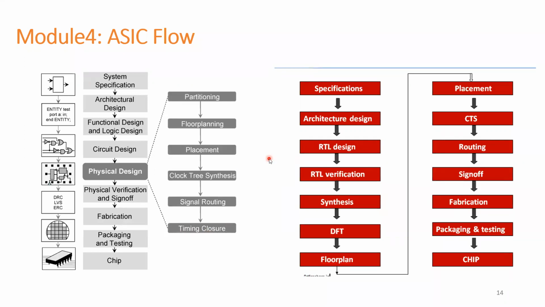And if the violation count is very huge, they will have to generate the ECOs using PrimeTime DMSA or Tweaker tool. If the violation count is very small, let's say if it is in a single digit, then we can fix the timing issues manually. So this is about physical design process.